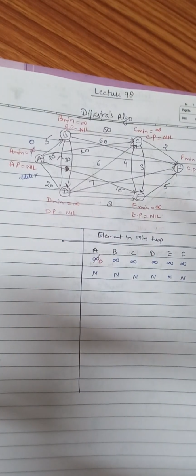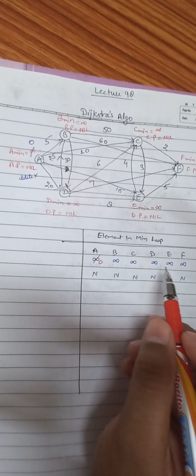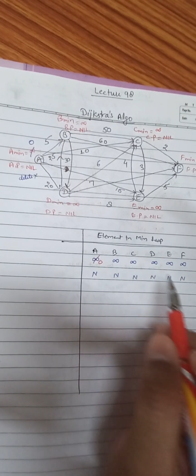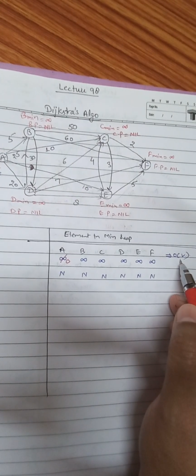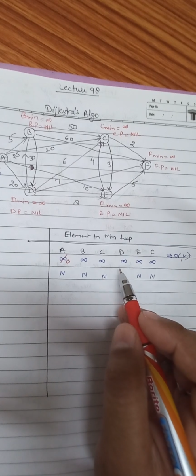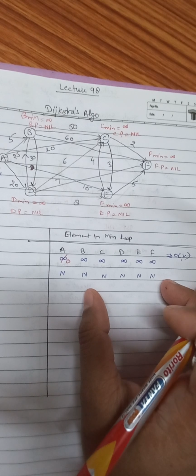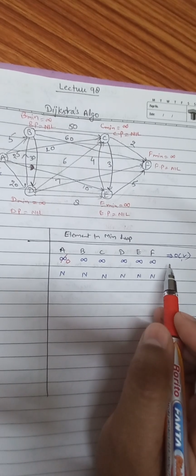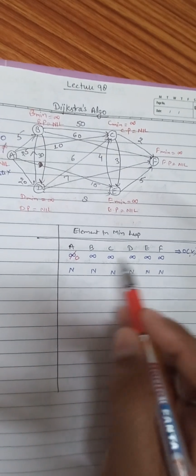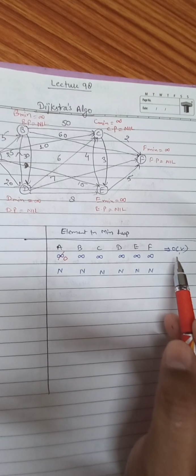So how many comparisons occur? Because we need to find out which one is the minimum value, order of V time we have to do comparison to delete the minimum value node, because we need to find out the shortest path. So we will delete the node carrying the minimum value. Order of V time we have to compare, because all V number of vertices are there.